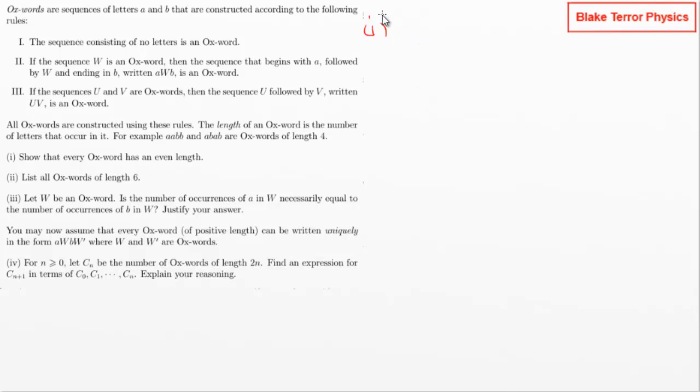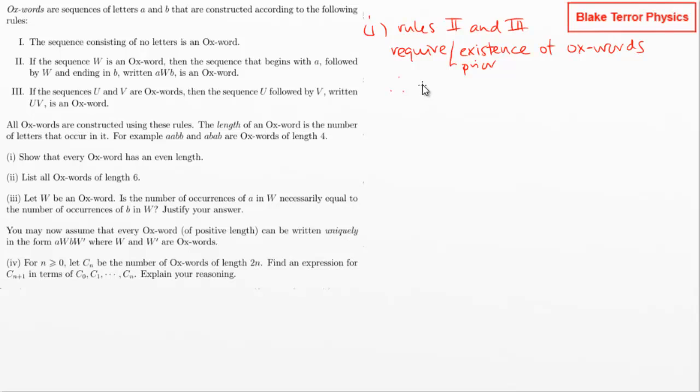So let's write that down first of all. Rules 2 and 3 require prior existence of Oxwords, or Oxwords that already exist, whichever way you want to put it.